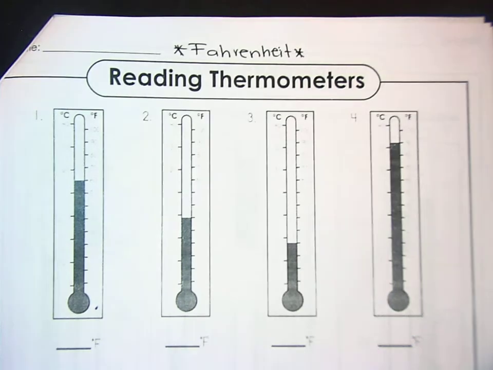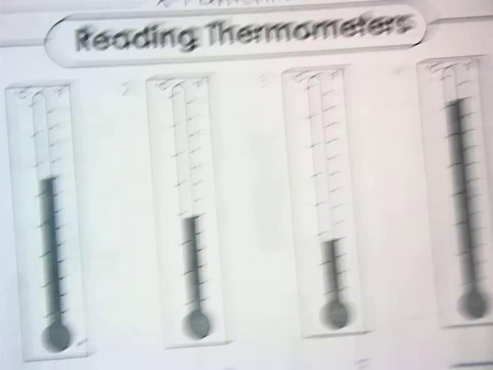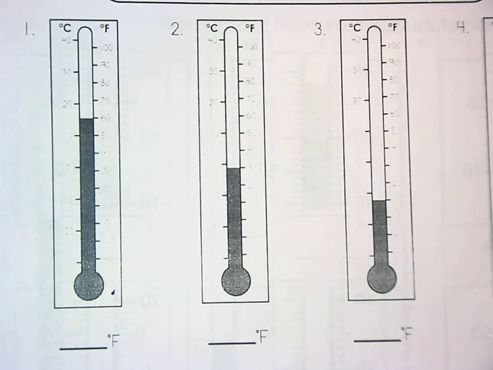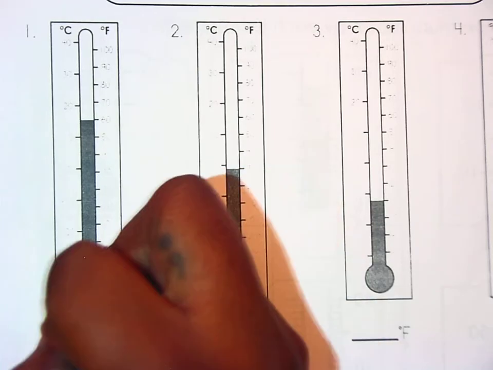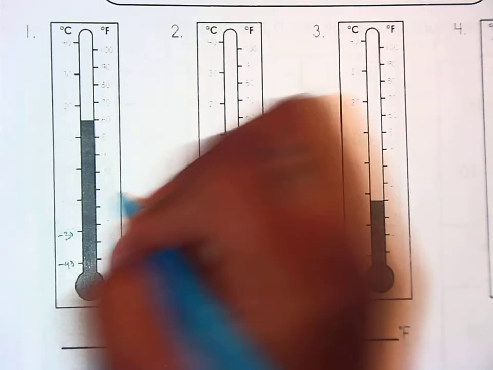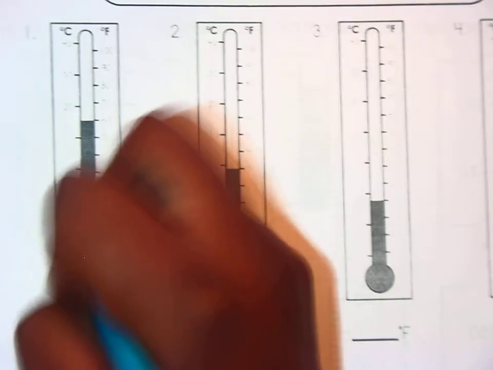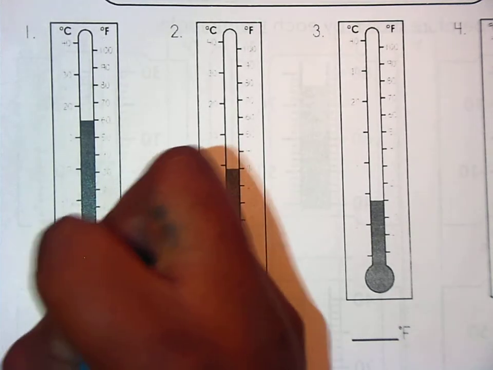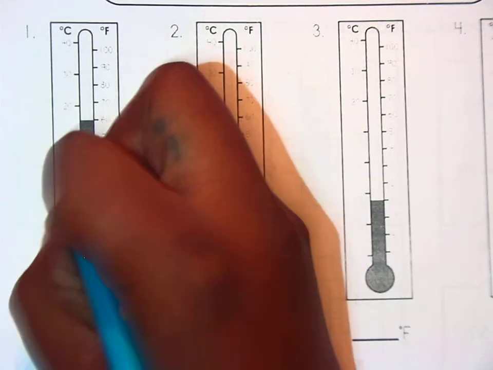I'm going to zoom in so we can fill in our numbers. I'm going to fill in both of them first, so we can have a comparison. My Celsius starts with -30, -20, -10, and 0.